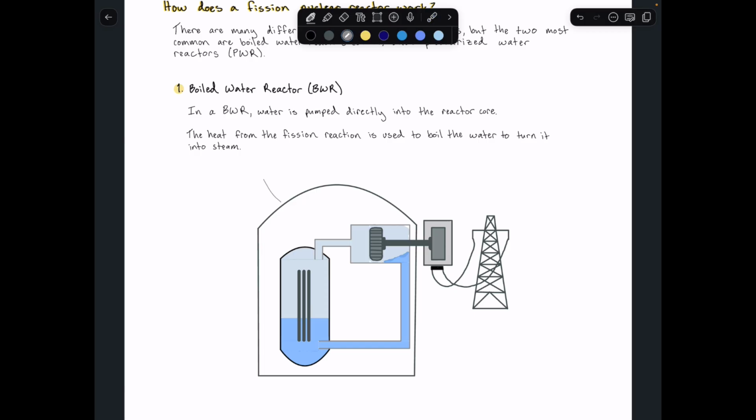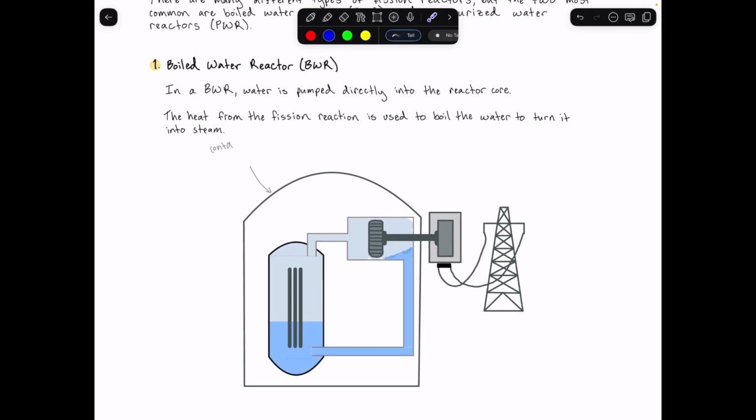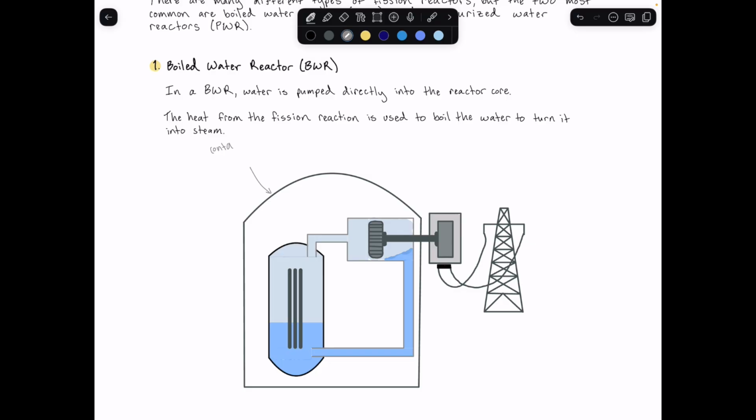There's this structure here, and this is called the containment structure. Let me zoom in a little bit more. Containment structure here. And then this thing right here is called the reactor core.